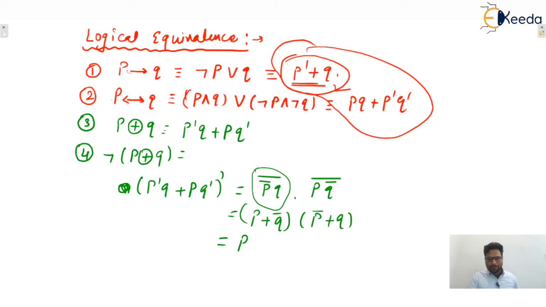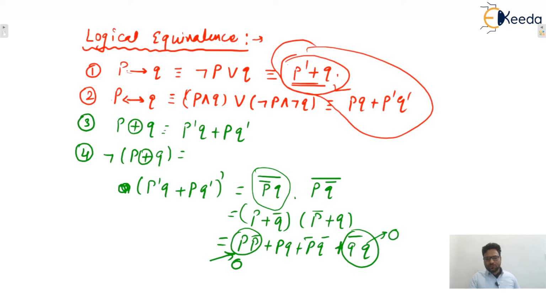It becomes P dash P plus PQ, then P dash Q dash, then QQ dash. PP dash is 0, and Q dash Q is also 0. So it becomes PQ plus P dash Q dash.